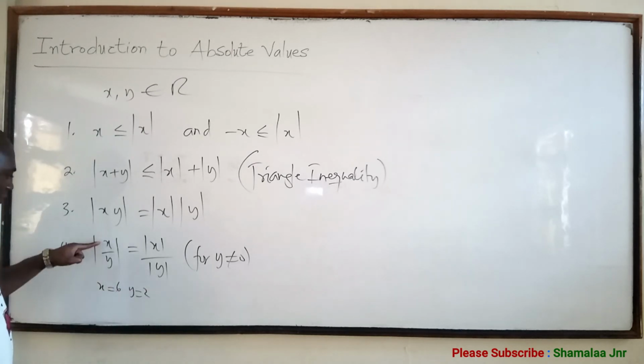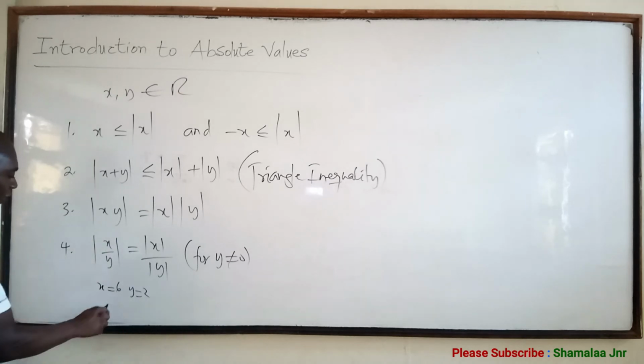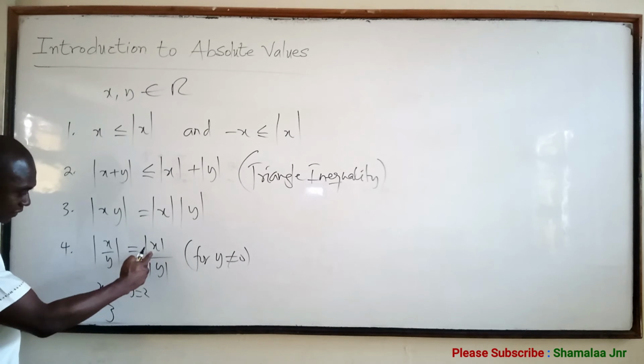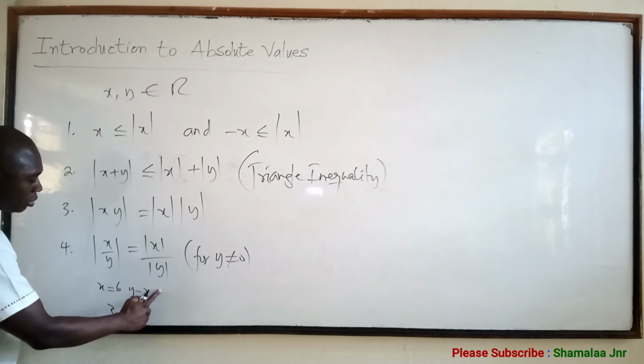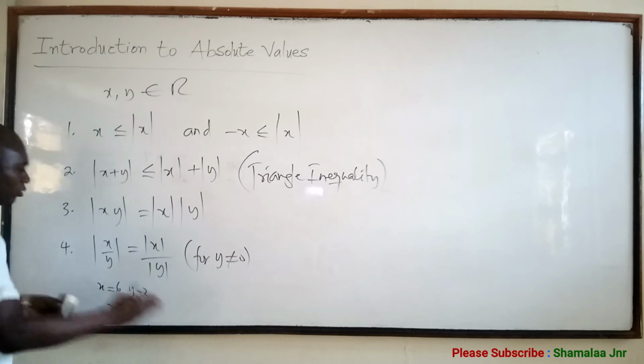Then x over y will be 6 over 2, which is 3. The absolute value of 3 is 3. Now, the absolute value of x, which is 6, will be 6, divided by the absolute value of 2, which is 2. So 6 divided by 2 is 3. So 3 is equal to 3.